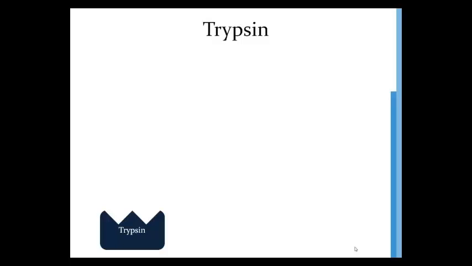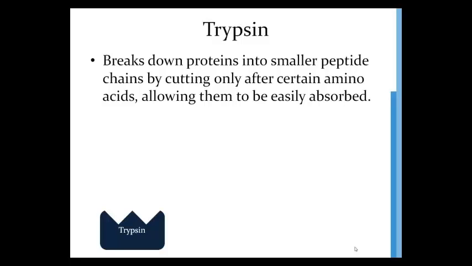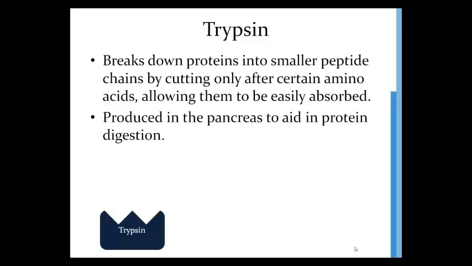Trypsin is another enzyme that breaks down protein, except this one cleaves between a different set of amino acids. This is produced in the pancreas to aid in protein digestion. So there again is our polypeptide chain.